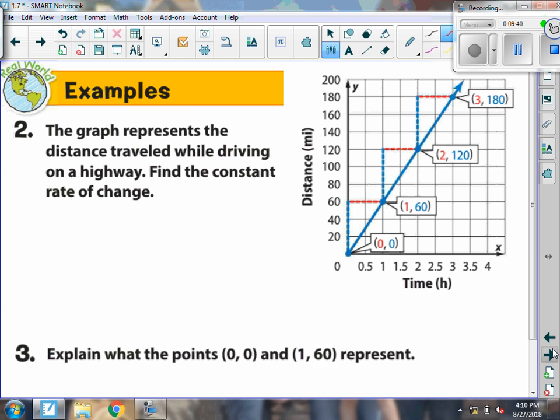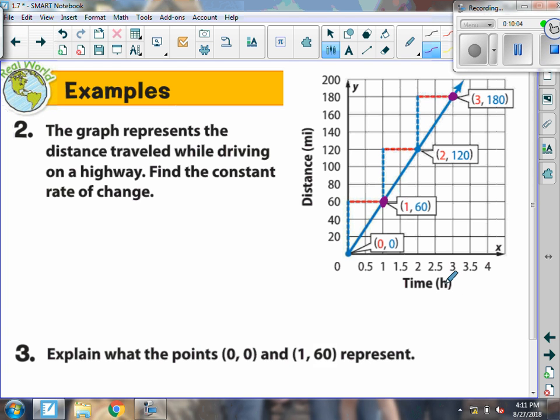It says the graph represents the distance traveled while driving on a highway. Find the constant rate of change. So to find the rate of change, we need to pick any 2 points on this line. So I'm going to go ahead and pick this one and that one.